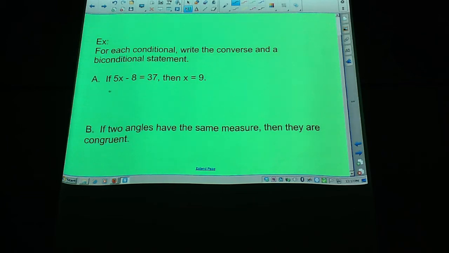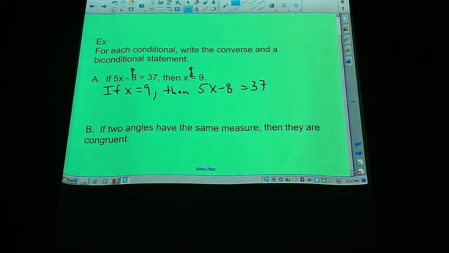So we're going to go ahead and write the converse. We're going to put if x equals 9, then 5x minus 8 equals 37. Notice we just flipped the P and the Q around. Well, that would be true.